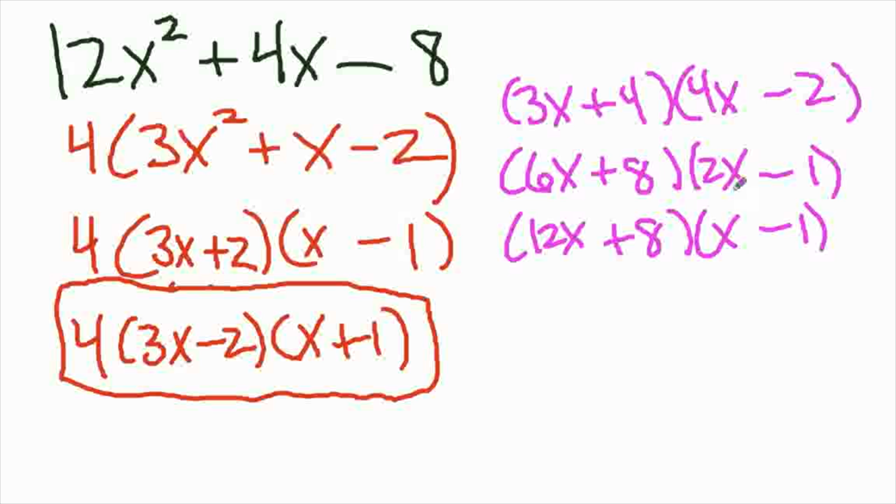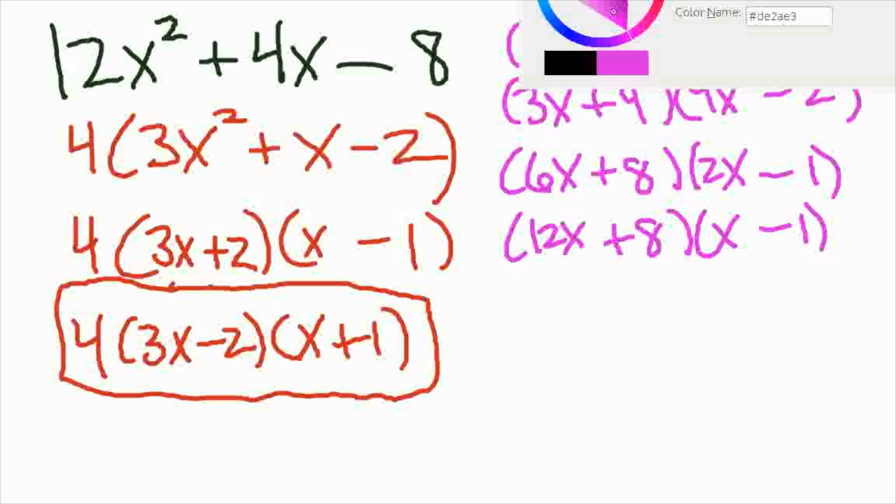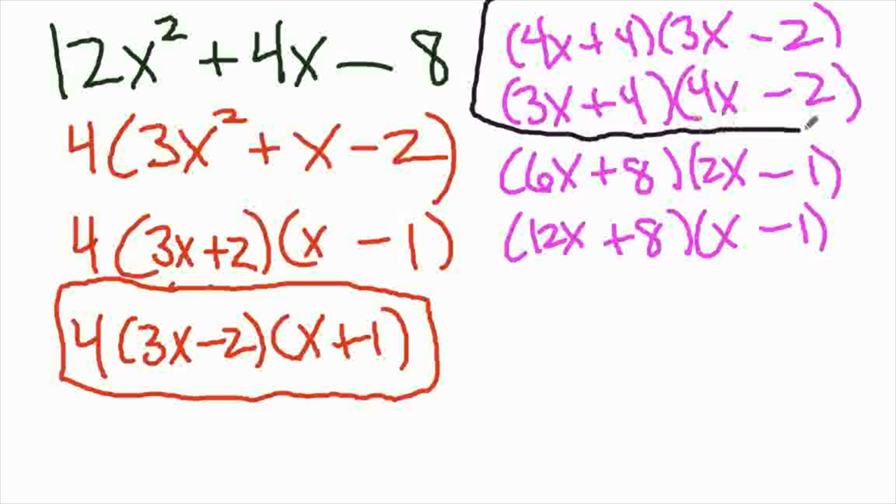So for the first one, I did 3x and 4x. It's going to be different if you do 4x and 3x. FOIL out both of those candidates, and you'll see that they both give a different answer.